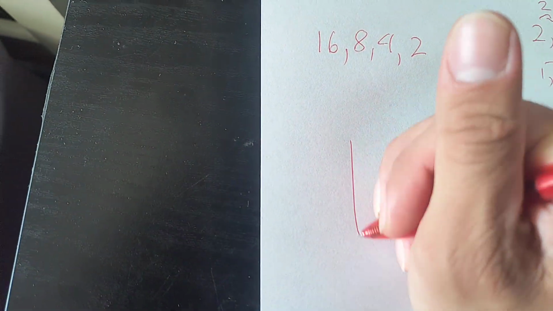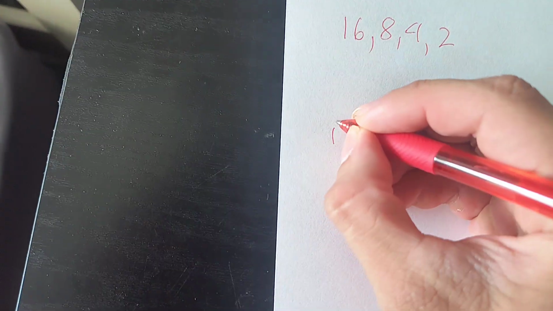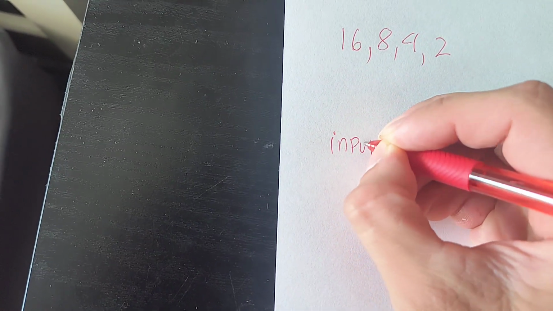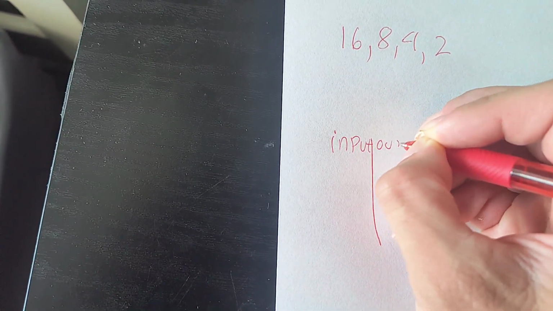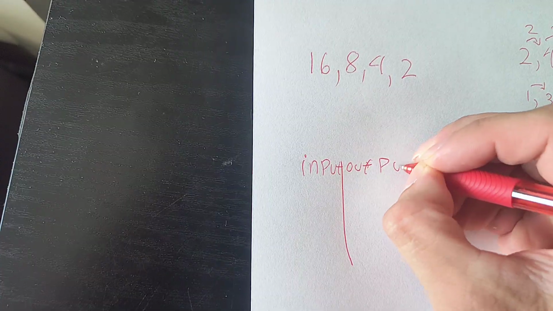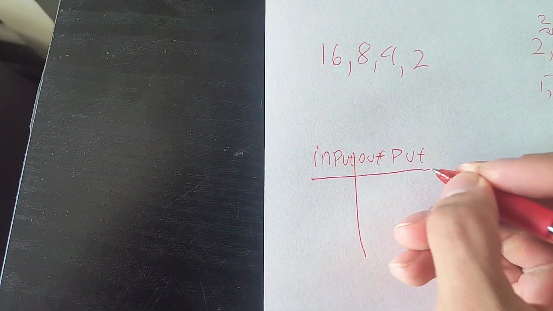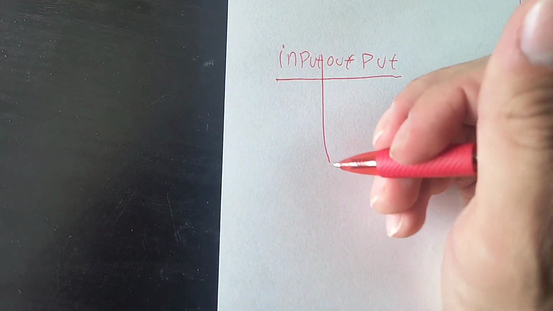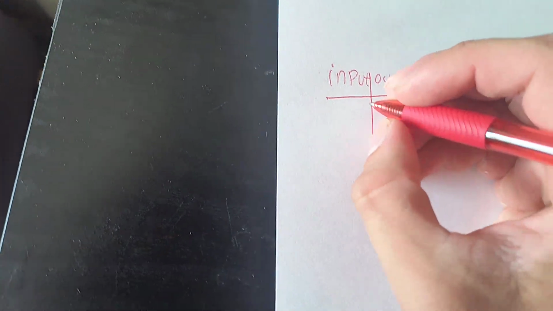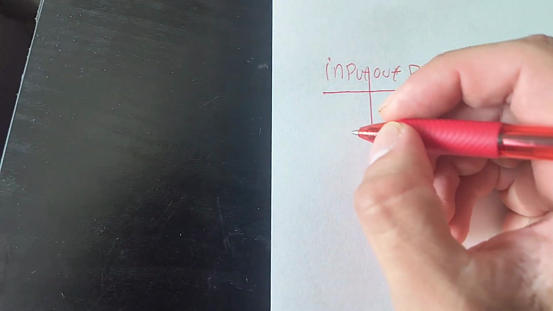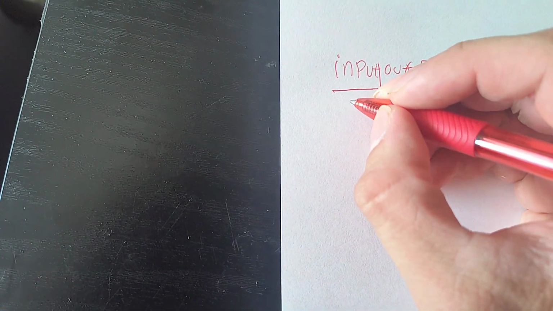So if we were to make an input and output table, and we were to use this rule on this input and output table to find a pattern, and we use, let's say, 32.